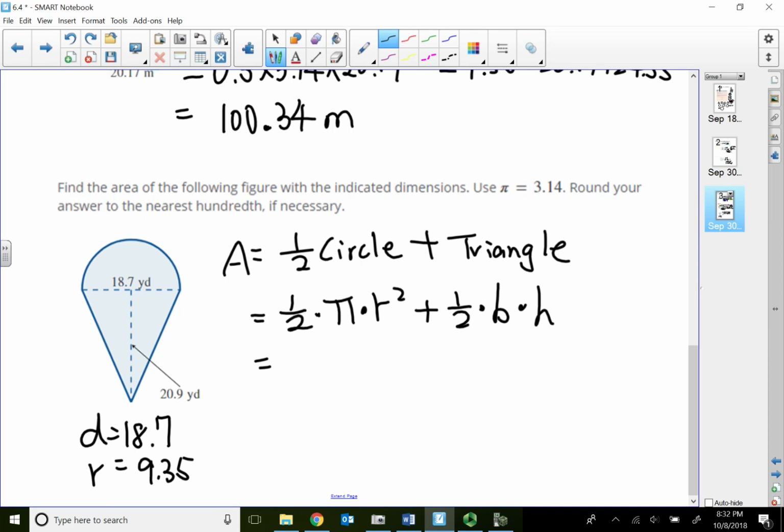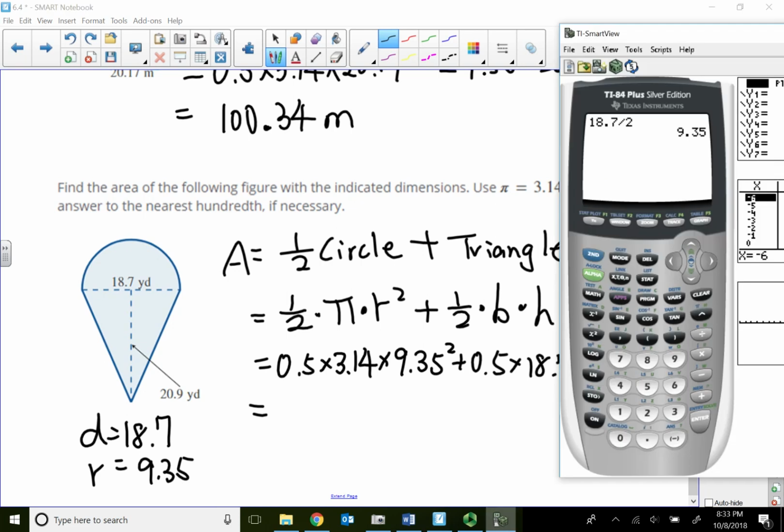So half is 0.5 times pi 3.14 times 9.35 squared. Square is not the same as times by 2 now. Square means times itself 2 times. So 9 times 9 already is going to be over 81. Plus half is 0.5 times the base of my triangle, 18.7, times the height of my triangle, 20.9.